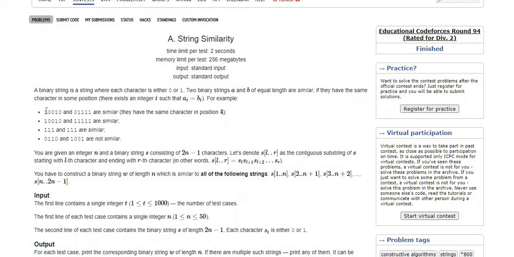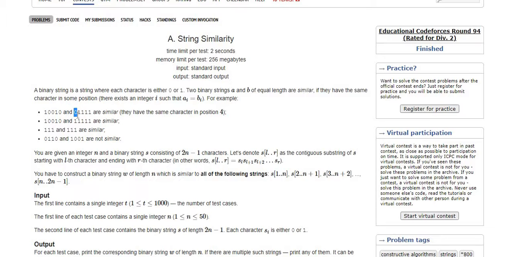For example, this is a string a, that is 10010, and this is another string b, 0 followed by 4 times 1. We will have a pointer i which starts from left to right. Initially for i equal to 0, from the A string we have a 1, and from the B string we have a 0.